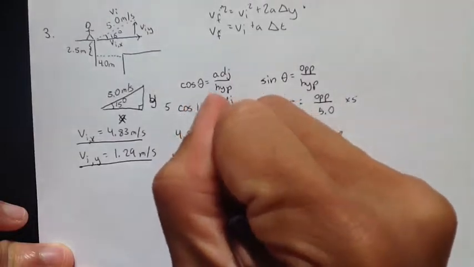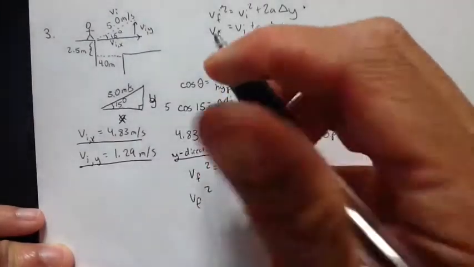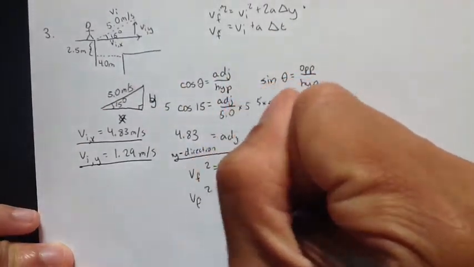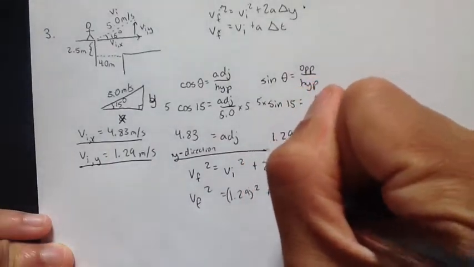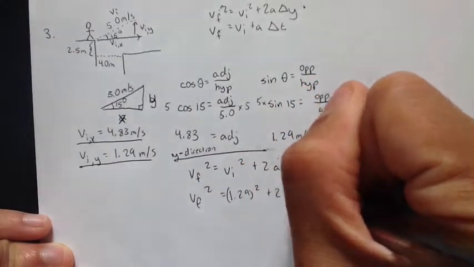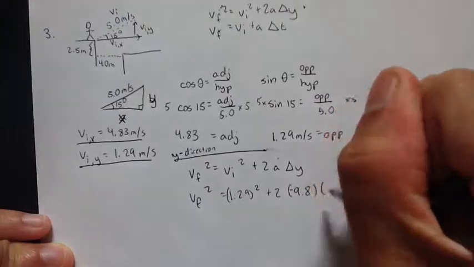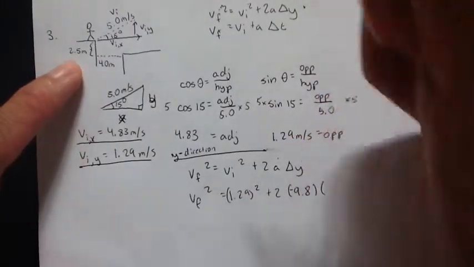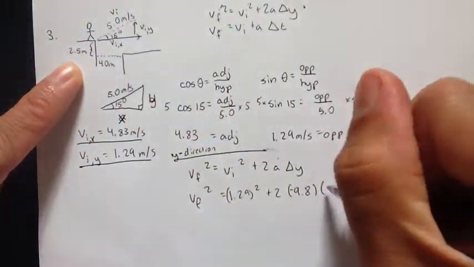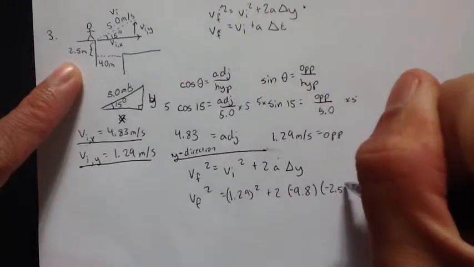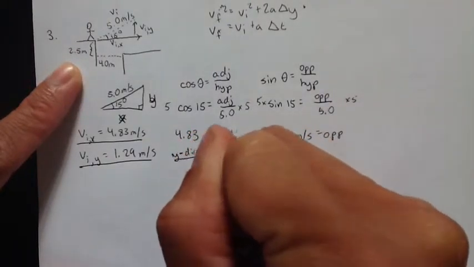My initial velocity is 1.29 squared plus 2 times negative 9.8 times the change in y, which is negative 2.5 meters.